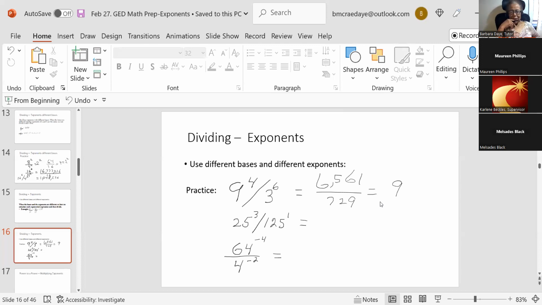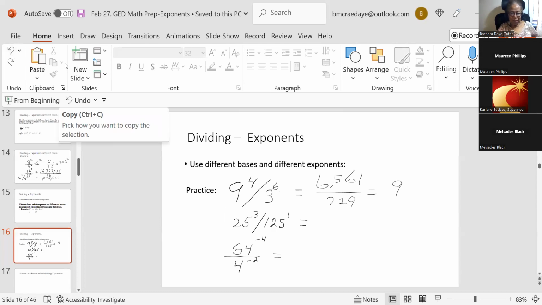Now, Mercedes, what did you get for the second one? 125. So you got 25 to the third is what? 15625. This one's a tricky one.